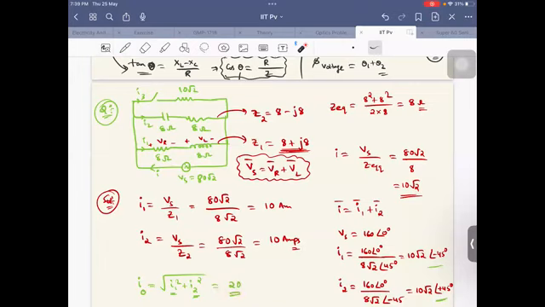Everyone got the clarity? I hope everyone understood this. So this is how you need to see alternating current circuits.